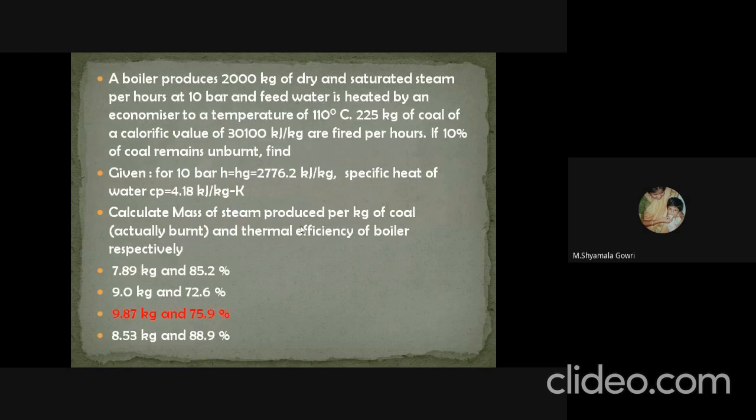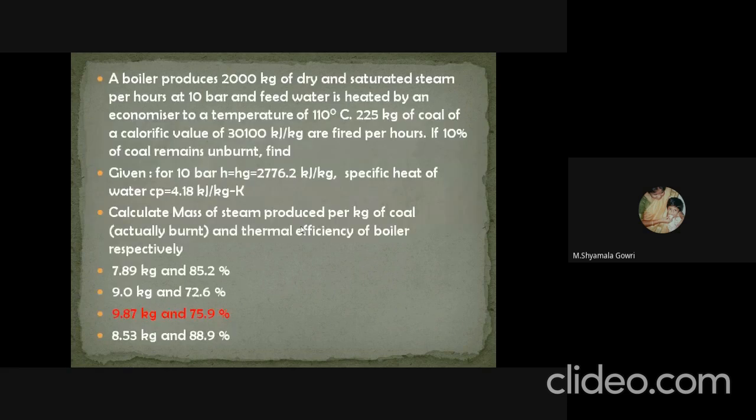So the remaining is 2316.4 kilojoules per kilogram. The mass of coal actually burnt is, it is given in the problem, 225 into 90 by 100, because it is given 90%. So we get 202.5 kg.